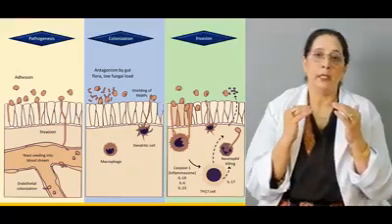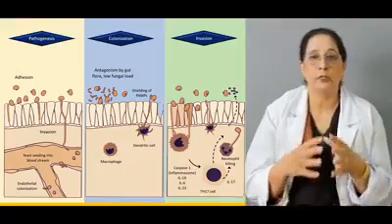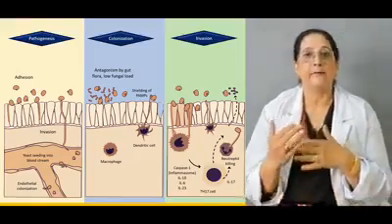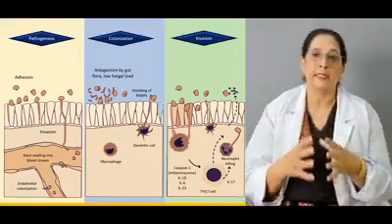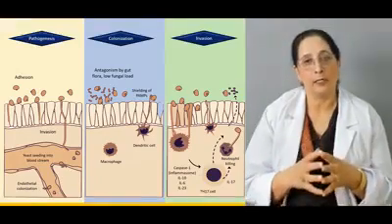So in the normal body, or the person with normal immune response, we have cells like macrophages and dendritic cells which assist in the killing of these microorganisms.